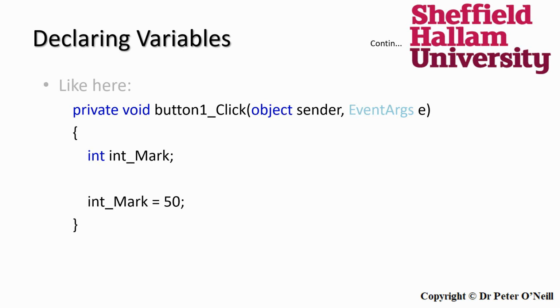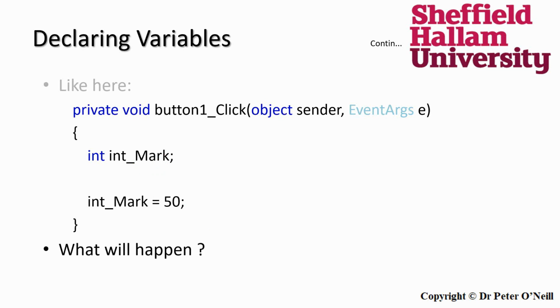Notice now I've got my squiggly closing brackets. So in other words, when we click on our button, int mark gets run and int_mark becomes 50 gets run. Okay? And then it terminates. That's it. That's what it does.